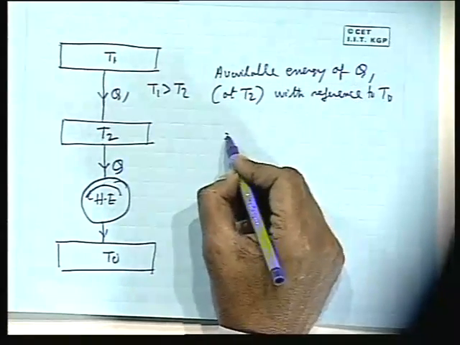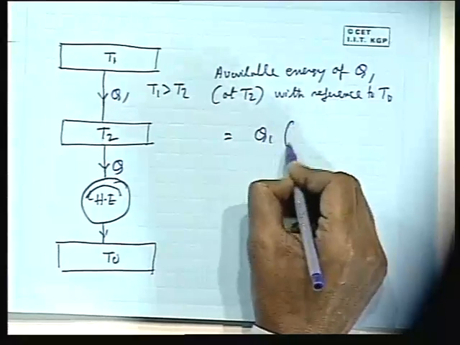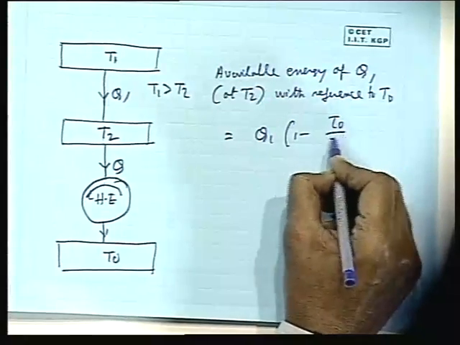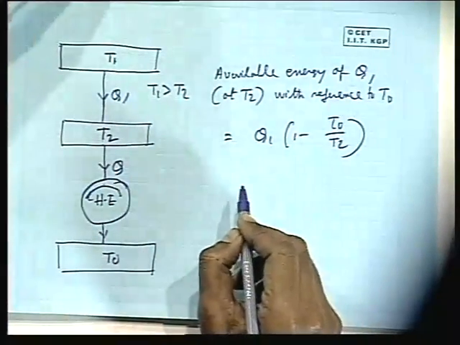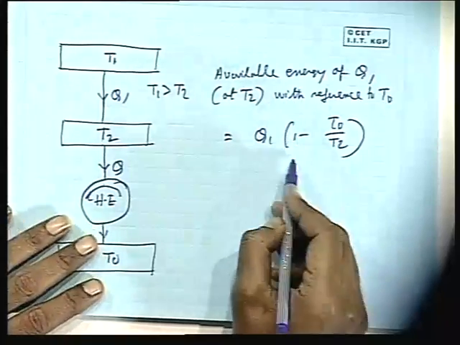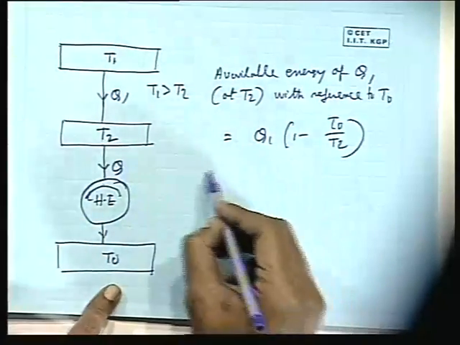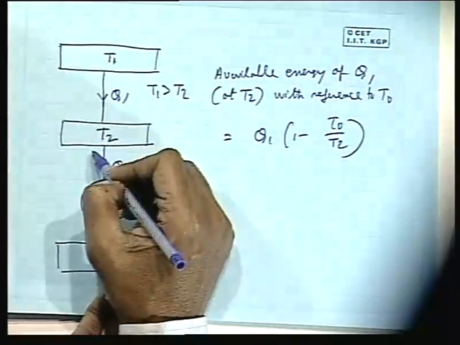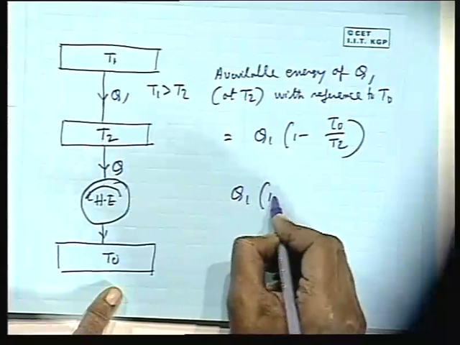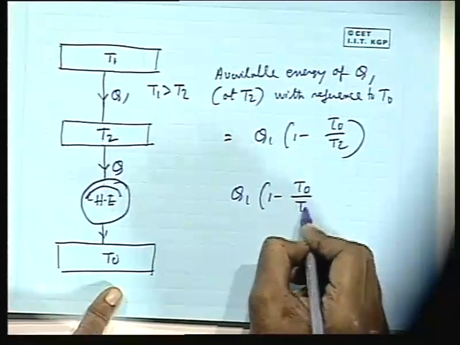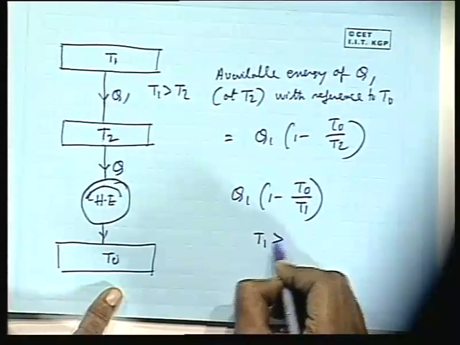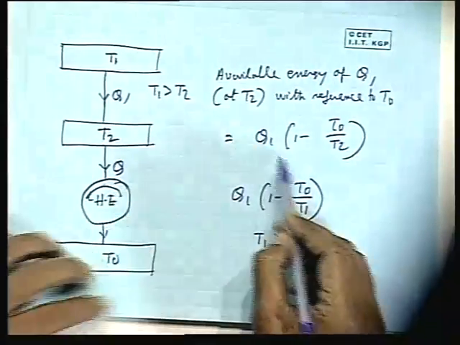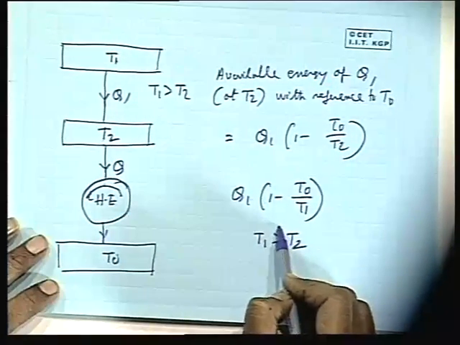You tell me. This available energy is Q1 into 1 minus T0 by T2. It is lower than the earlier one. What was that? If it was taken from T1, it was Q1 into 1 minus T0 by T1. Now T1 is greater than T2, so this available energy is lower than that. Clear?